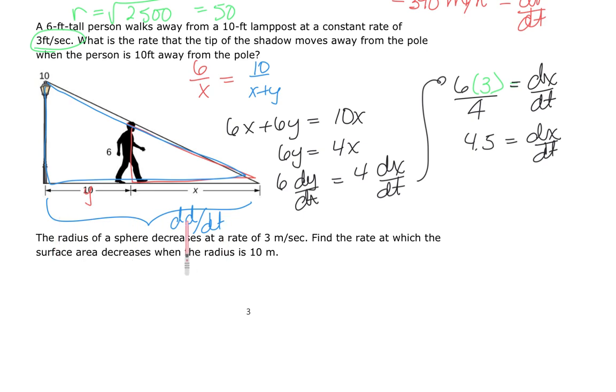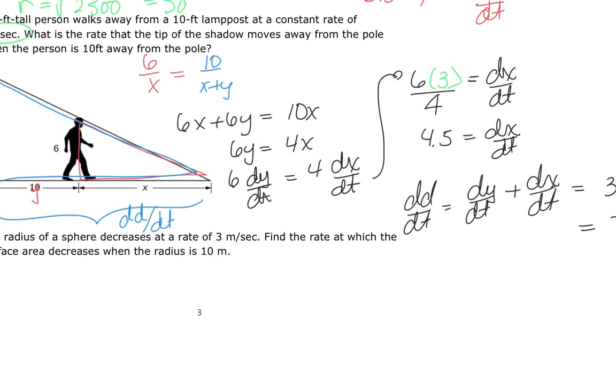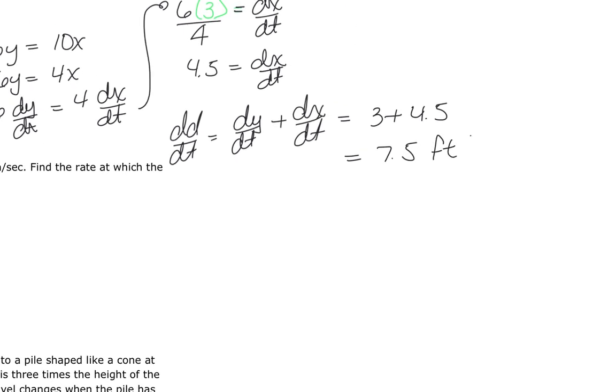So this entire dd dt is going to be the dy dt plus the dx dt. This is equal to 3 plus 4.5, which gives me 7.5, and my units are feet per second. And so that is that one.